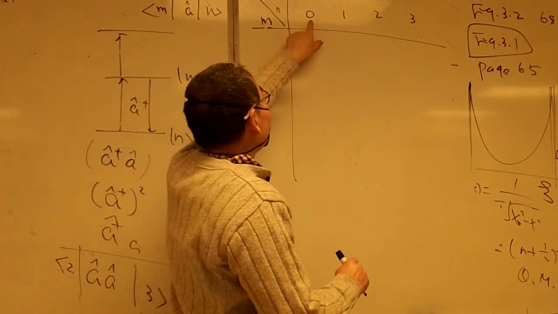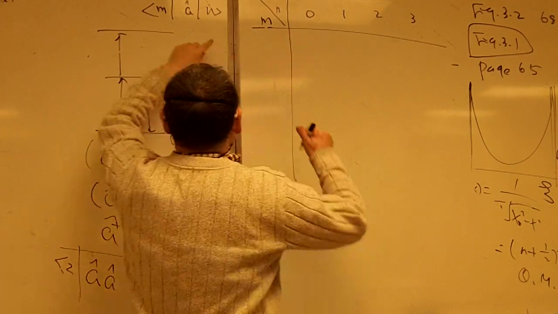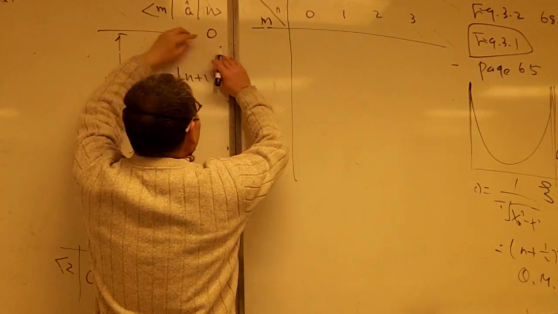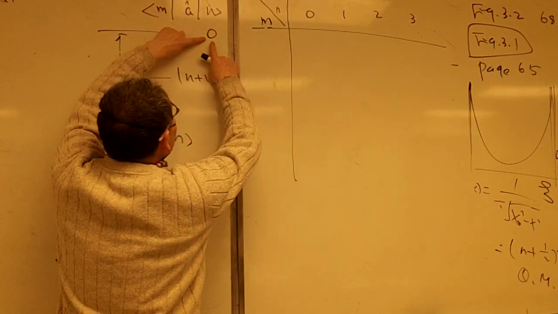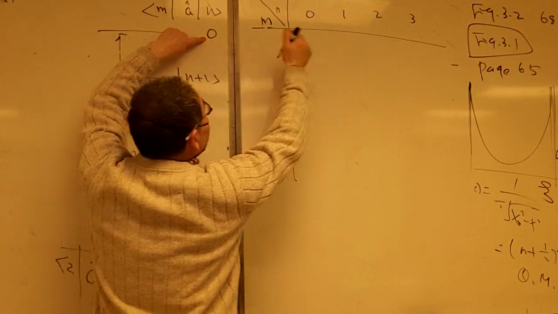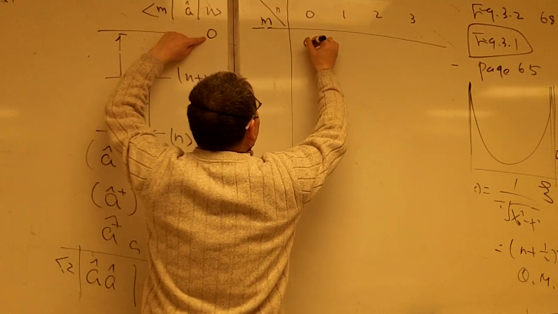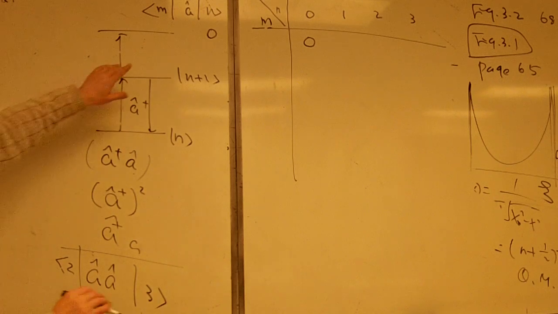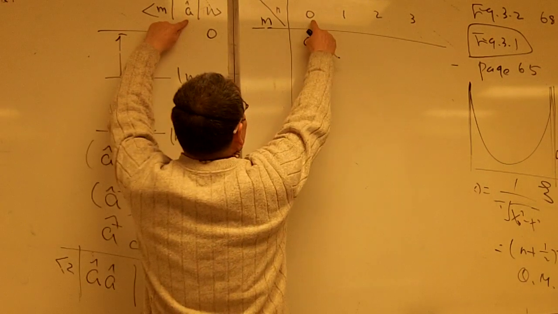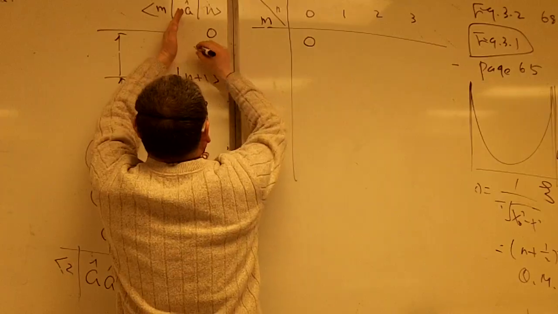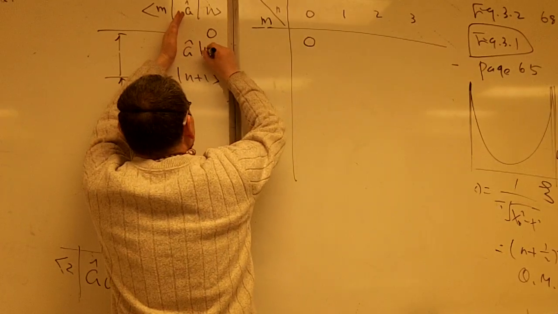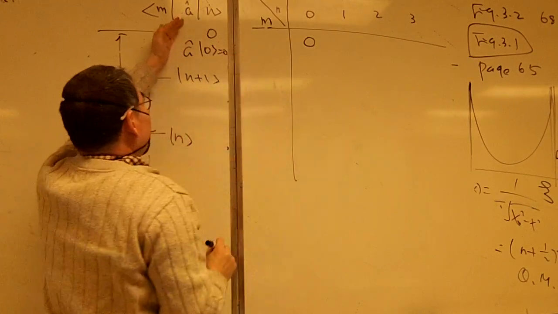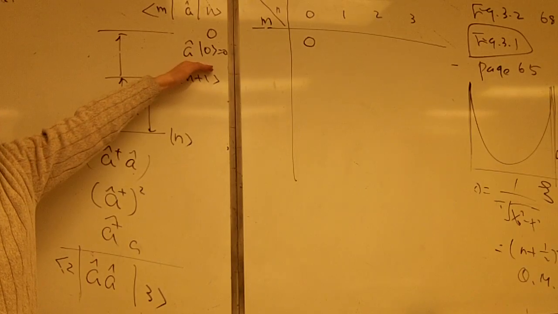Suppose you start with n, which means this guy is n, 0. Now n applied to any 0 state, this is the first element, is going to be 0. Again, a applied to any state, this is because a on 0 always equals 0. So this is the 0 state, no problem.